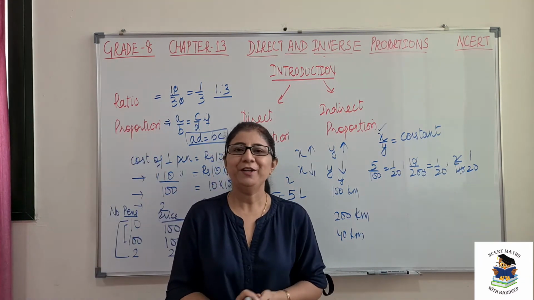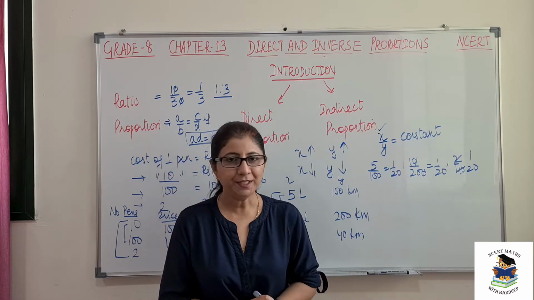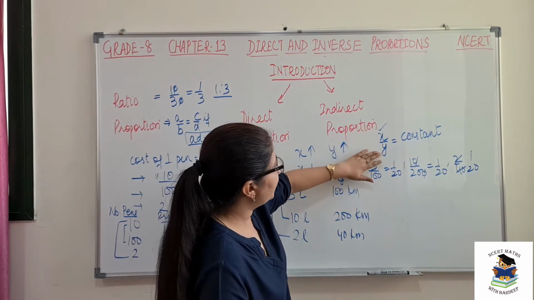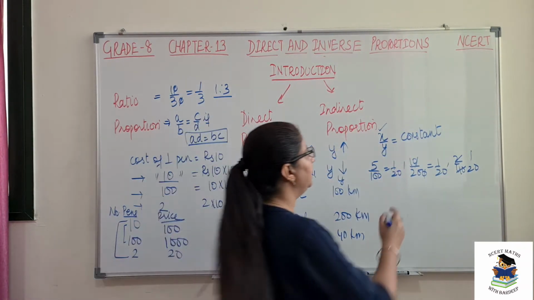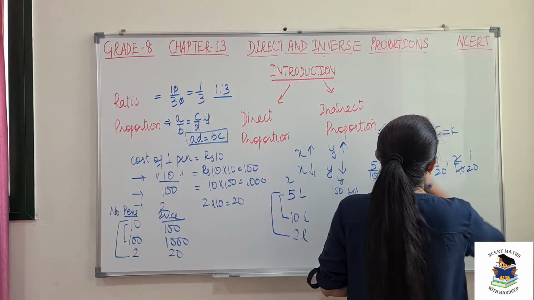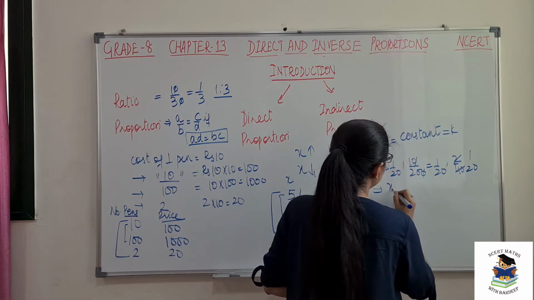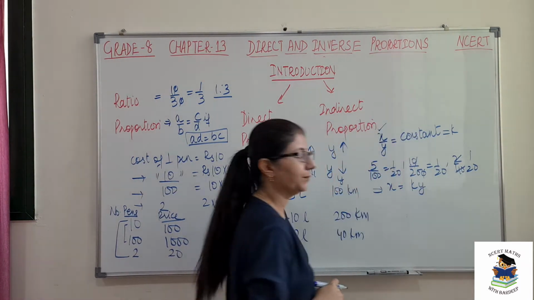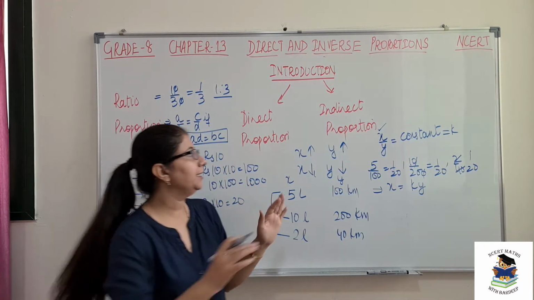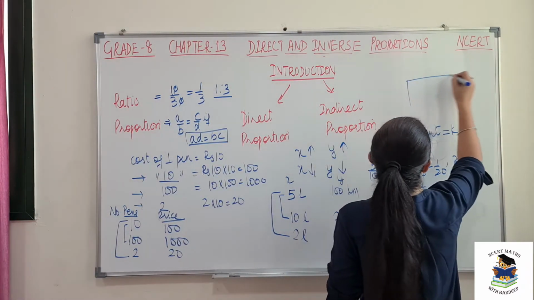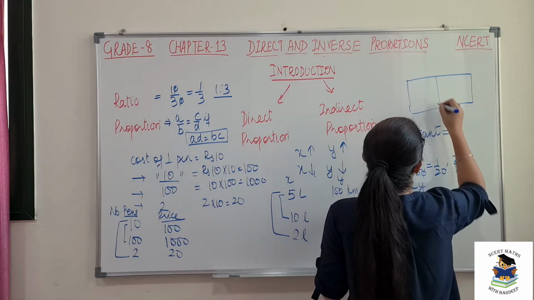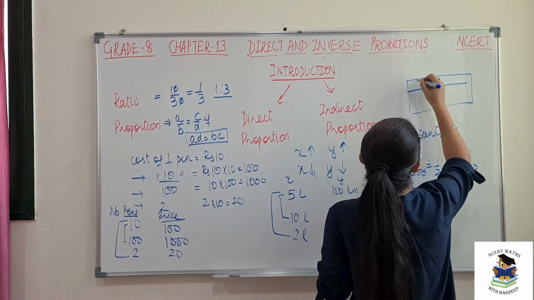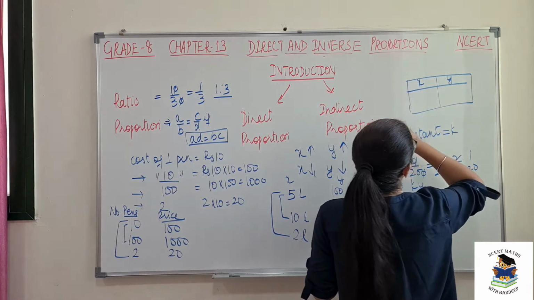So now let's derive the formula for the data to be in direct proportion. Since x by y is equal to a constant, let it be k. So this implies that x is equal to k times y. Suppose we are taking any two quantities, let us take them as x and y.